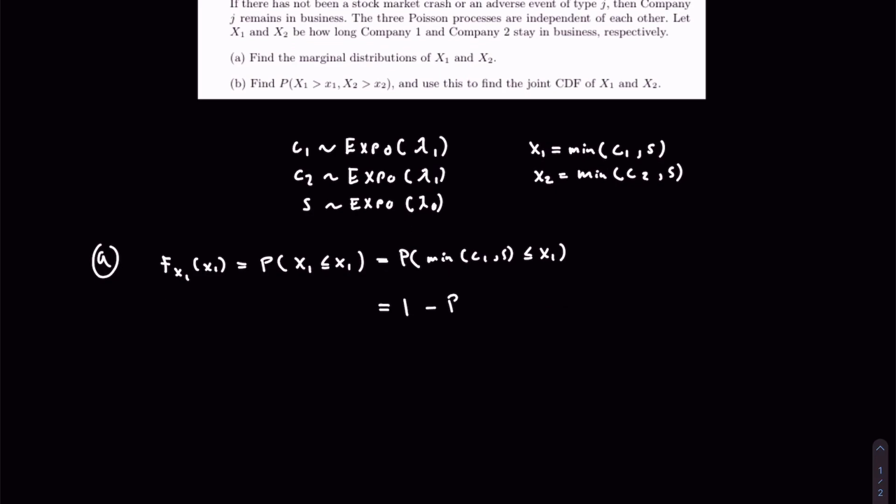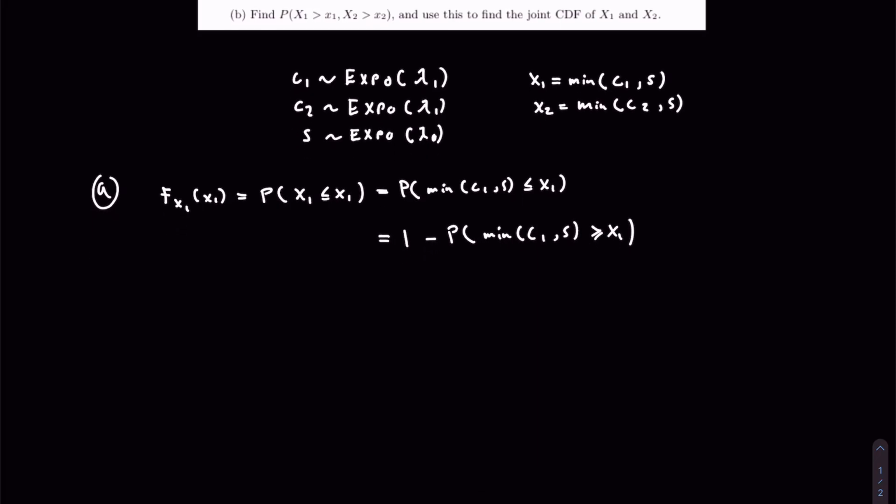So we can write it as 1 minus P, the complement, of the minimum of C1 and S being larger than little x1. That now leads to the situation where both C1 and S have to be larger than little x1, and that is the same thing as opening up that minimum: C1 larger than little x1 and S larger than little x1.